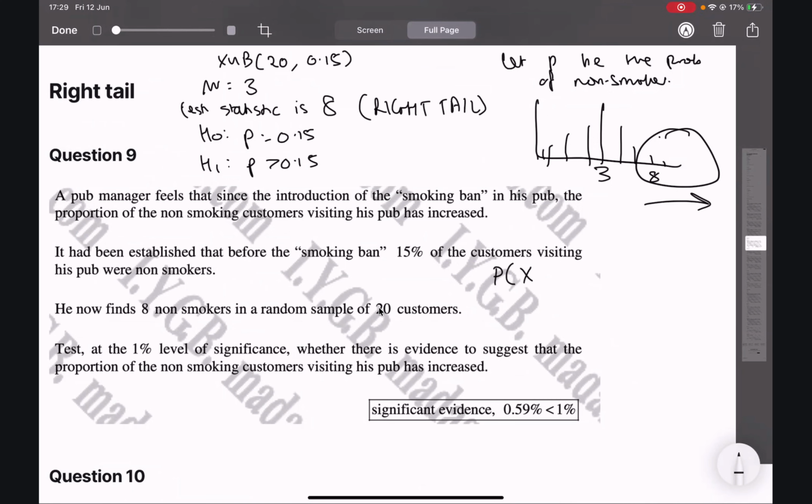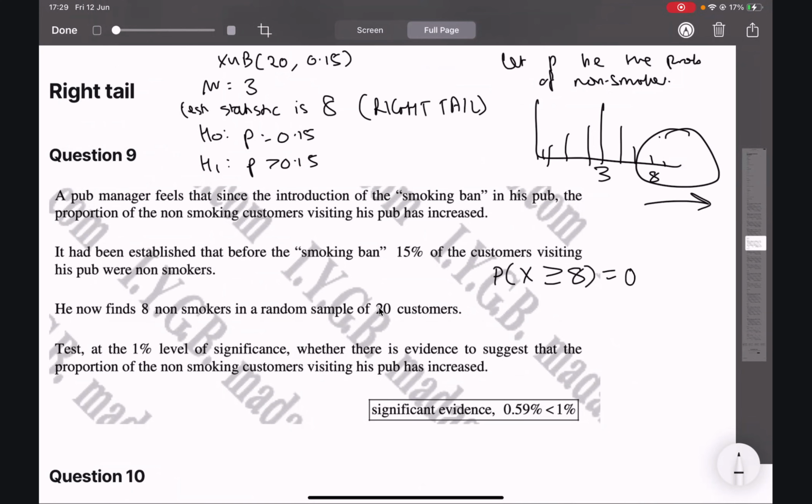Probability that X is greater than or equal to 8. Exactly. And then if you have the CG50, you just put 8 and you put right tail. And if you have the CG 991 or whatever, you put 7 and then you have to do 1 minus the answer.